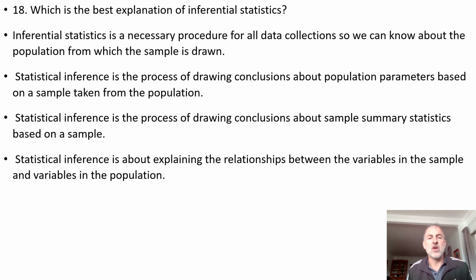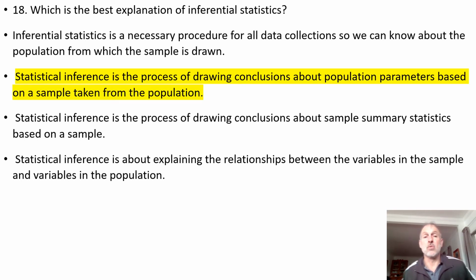Statistical inference is the process of drawing conclusions about sample summary statistics based on a sample. Statistical inference is about explaining the relationships between the variables in the sample and variables in the population. So what is the best explanation of inferential statistics?